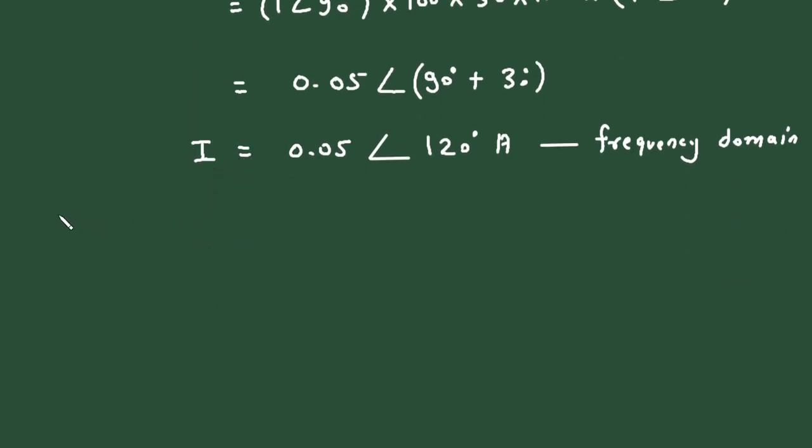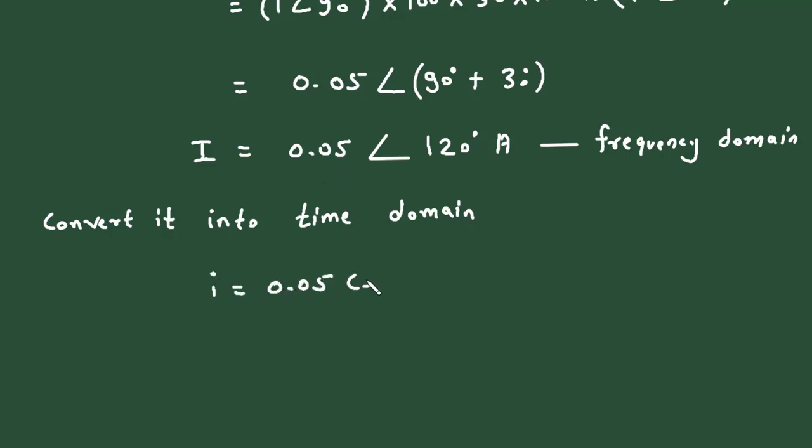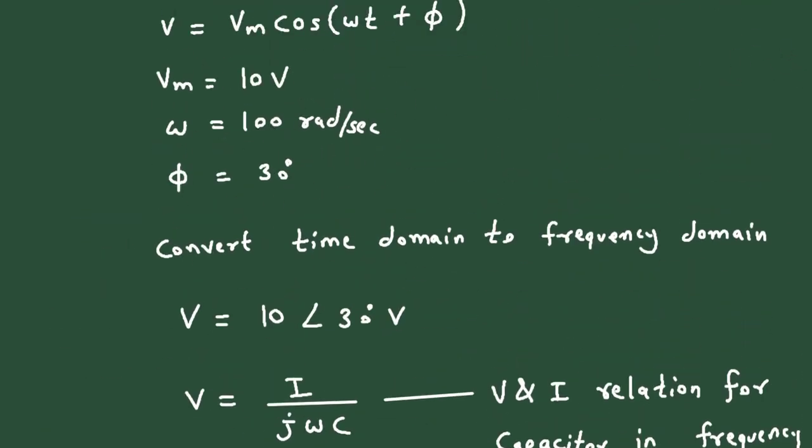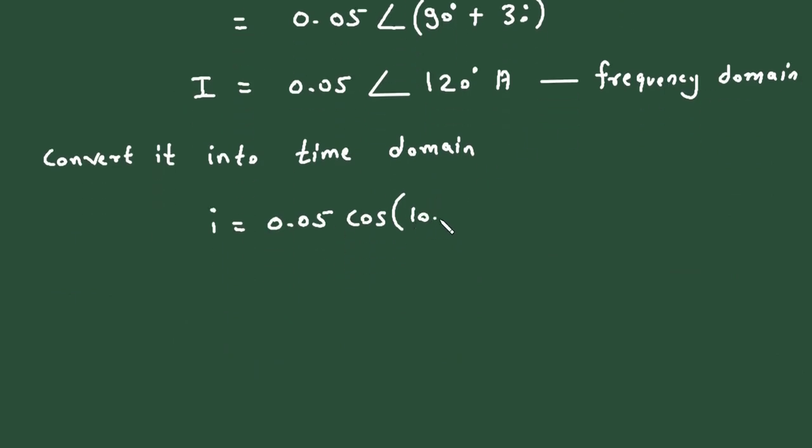Now we will convert it into time domain. So this will be small i is equal to 0.05 cos (the value of omega is 100, so 100t plus 120 degree). 120 degree is the value of phi, and since it is current, its unit will be ampere.